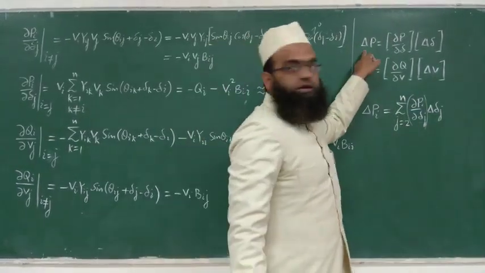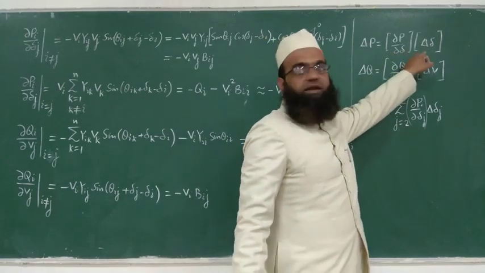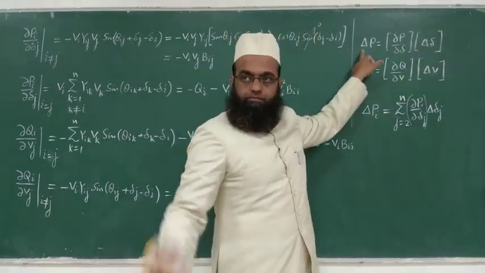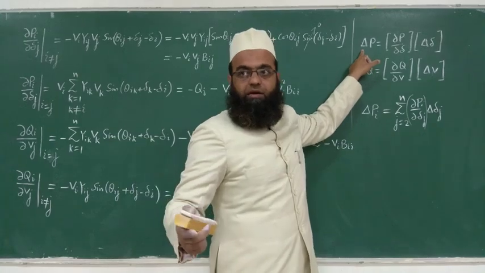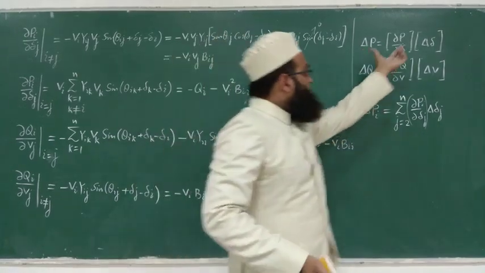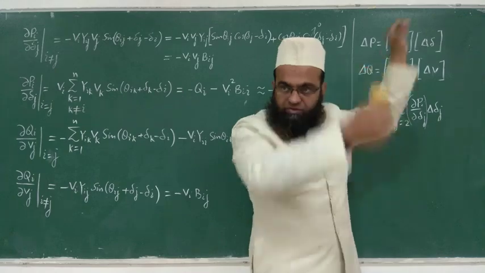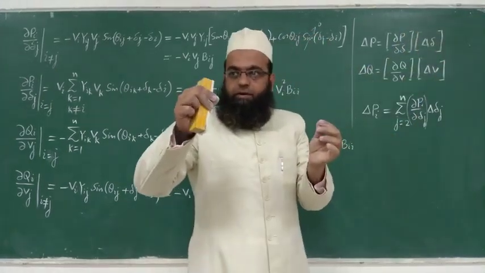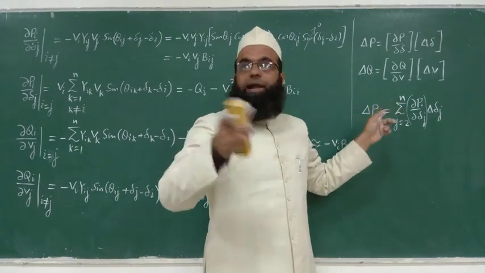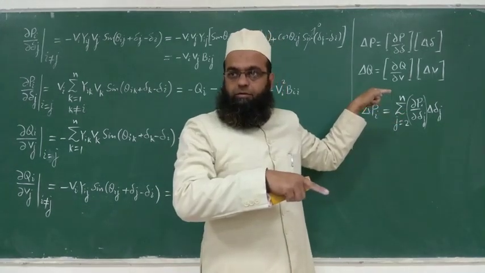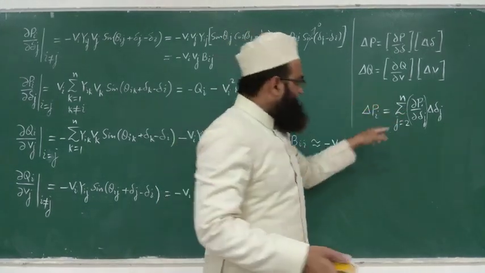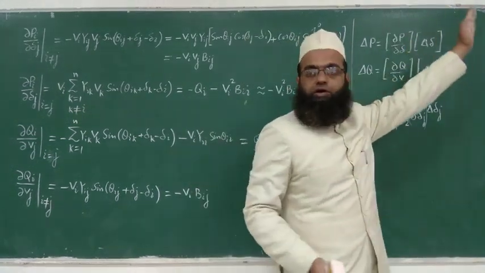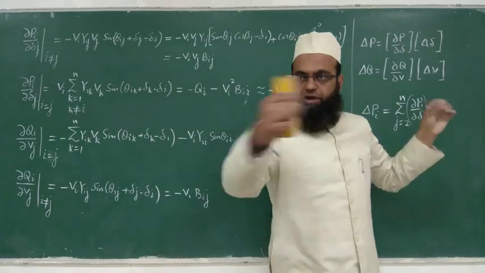You know del P vector is this matrix into this vector. So the ith member of this will be the ith row of this matrix times this vector. So the ith row will be del Pi upon del delta J. So we may write J from 2 to n, because for the number of columns 2, 3, it is N minus 1 in dimension.